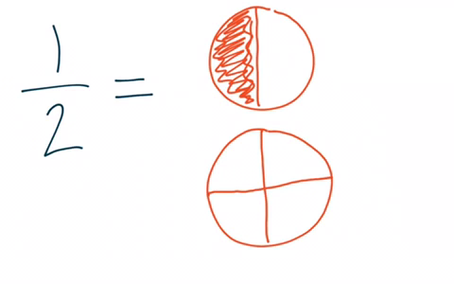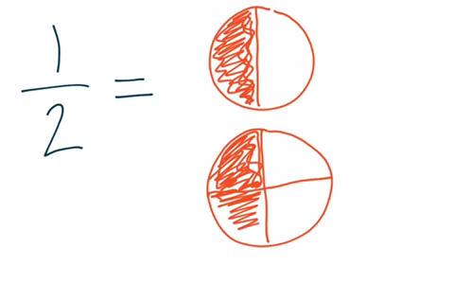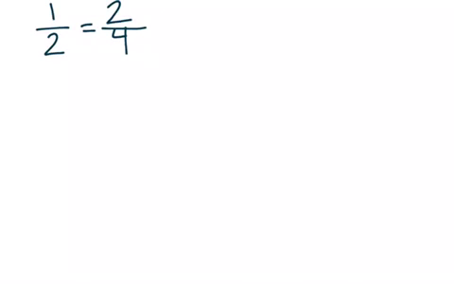What would be the same as 1/2 looking at my fourths? Well, if I just have 1/4, that's not equivalent to 1/2. But if I have 2/4, then yes, 2/4 is equivalent to 1/2. I wonder if there's more fractions that are equivalent to 1/2. So right now we have 1/2 is the same as 2/4.